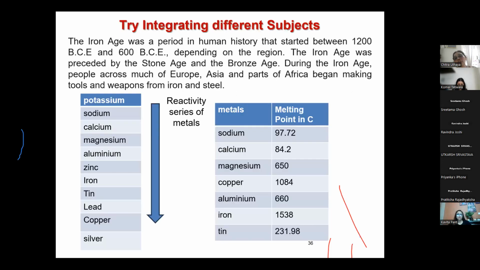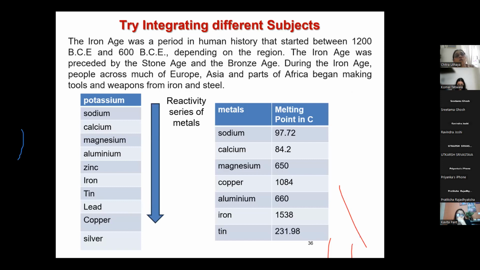Now here I'm trying to integrate different subject areas. So how do we integrate chemistry with history? So the Iron Age was a period in human history that started between 1200 BCE and 600 BCE, depending on the region. The Iron Age was preceded by the Stone Age and the Bronze Age.